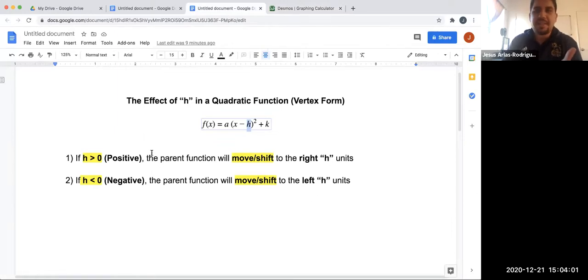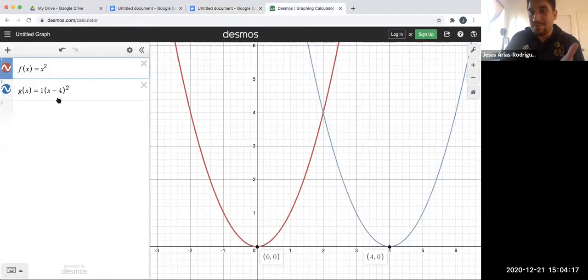We said that if the value of h is positive in this structure of the quadratic function in vertex form, then the parent function would be moving to the right-hand side. But in this case, the value of h that you chose is negative. So how is this even happening? It's the opposite. And this is the question that I would like to address in this video.